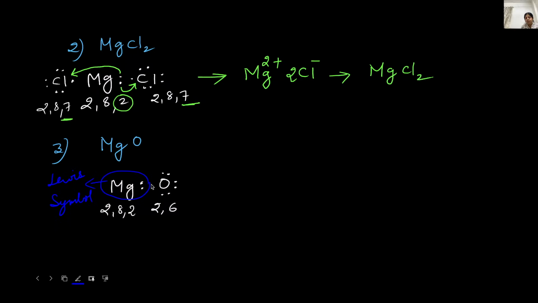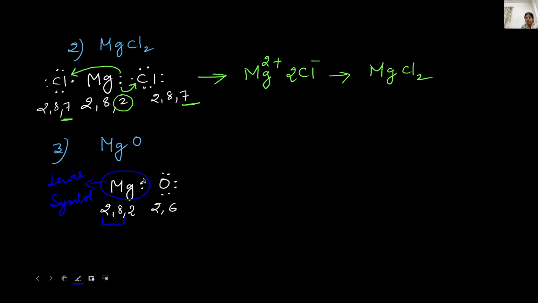So how will the formation of ionic bond take place here, students? There are 2 extra electrons present in the magnesium atom. If it loses these 2 extra electrons, then it will acquire the octet, isn't it?